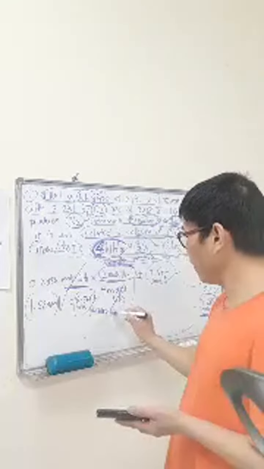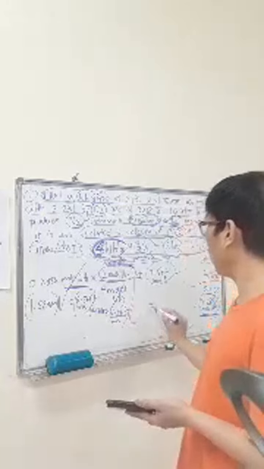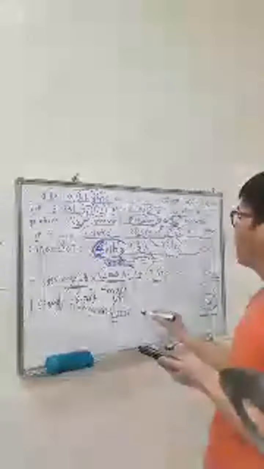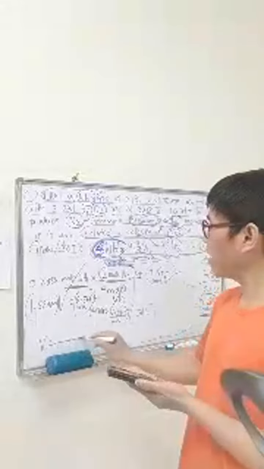Liters atmosphere per mole Kelvin. And then the temperature of nitrogen, it's collected at 37 degrees Celsius. 37 plus 273 is equal to 310. Now, solve for the value of V. Basic math.